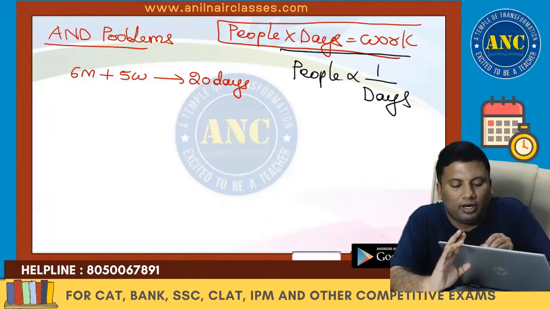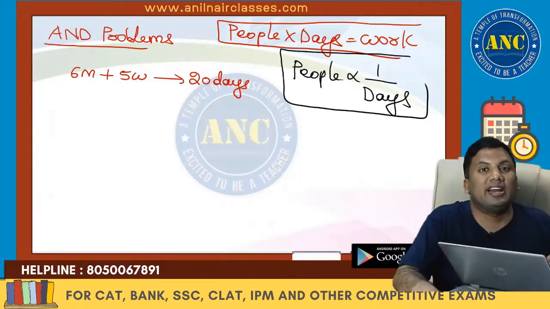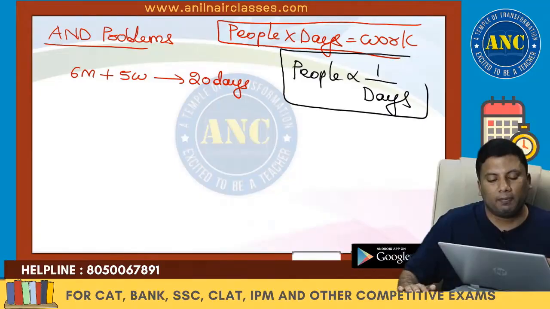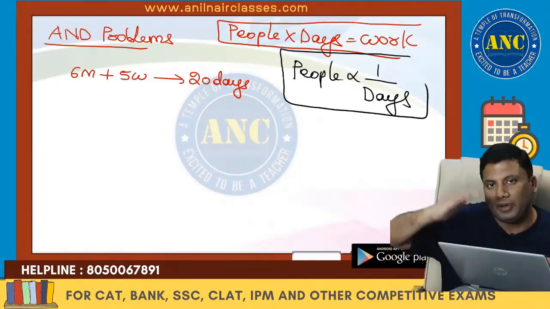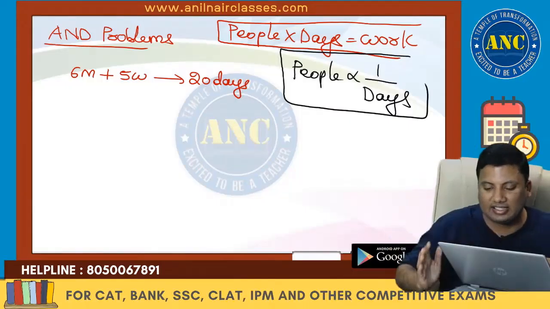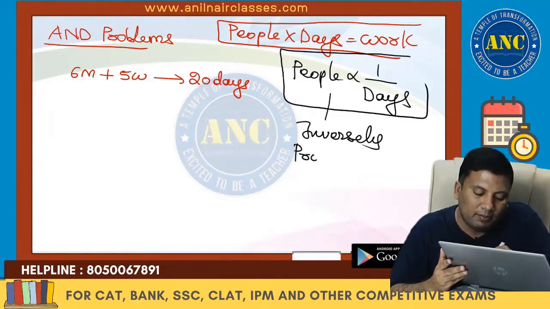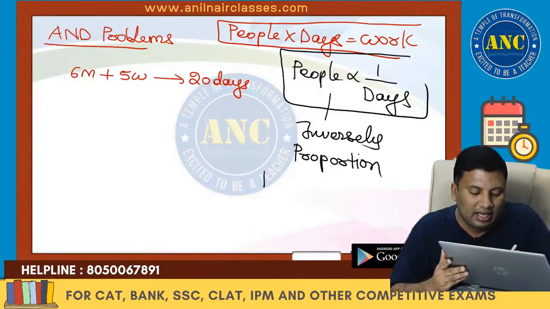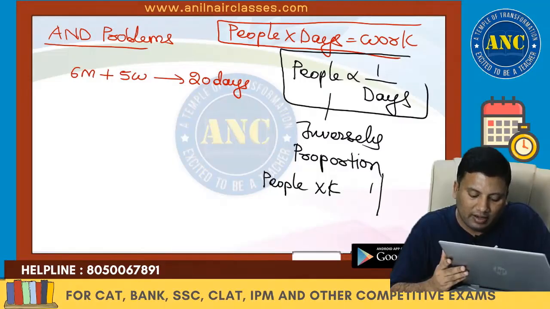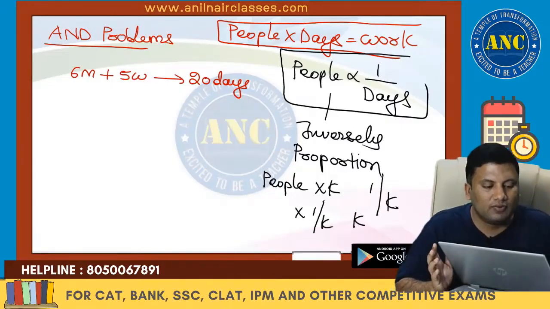If the people required to complete a work increase, days required decrease. What do you mean by inverse proportionality? If people become k times, days will become 1 by k. If people become 1 by k, days will become k.